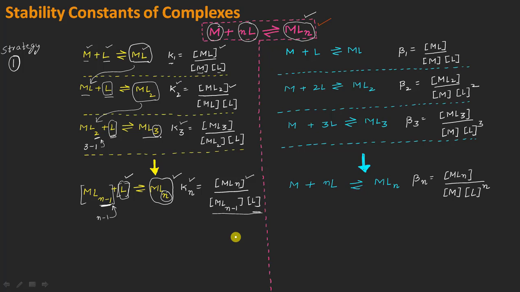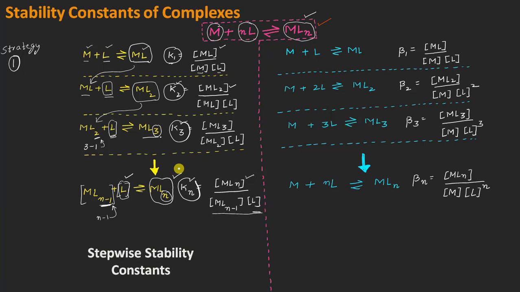So such types of equilibrium constants in which the ligands are added in a stepwise manner, I mean this K1, K2, then K3, and finally Kn, are known as the stepwise stability constants, right? Because the reaction is going stepwise. To one metal ion, first of all, one ligand is added, and then the second ligand, third ligand, and it will go on until we achieve this type of complex, right?